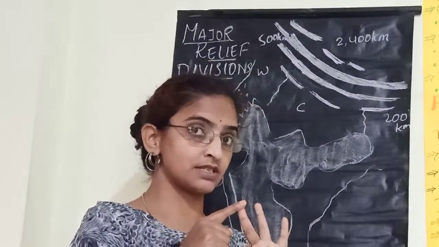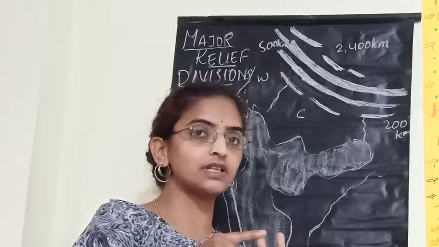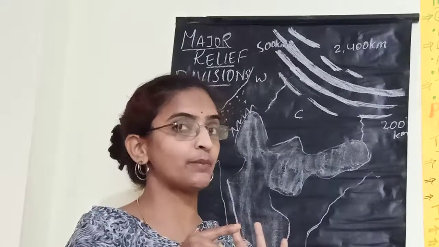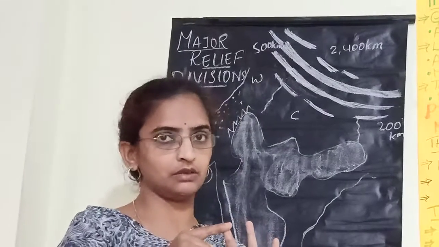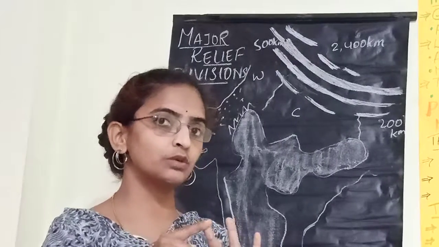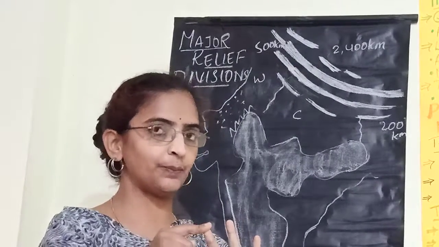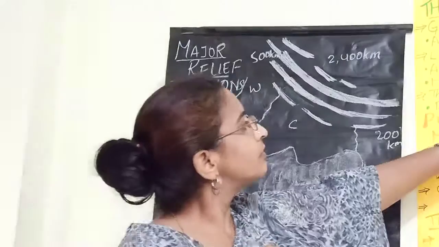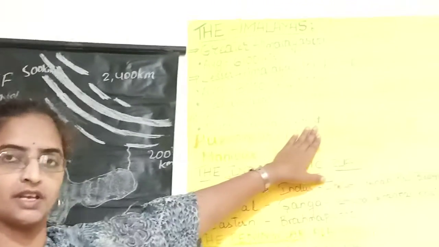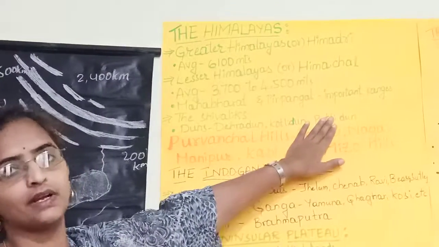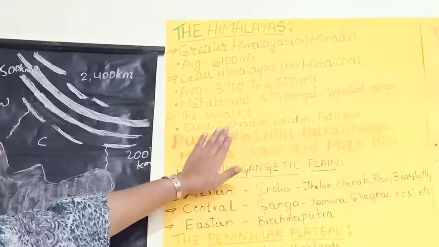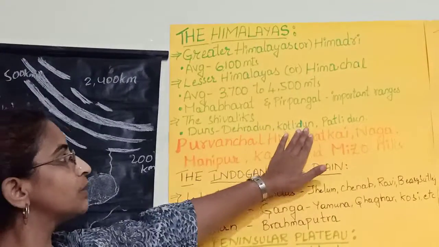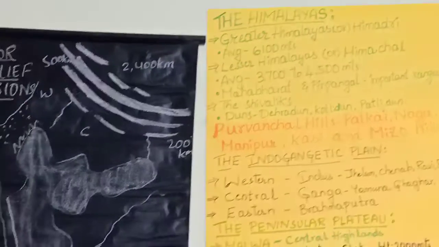Do you know the importance of Dehradun? Yes, Dehradun is the capital of Uttarakhand, so Dehradun is situated in Uttarakhand. Then Kotlidun, which is situated in Himachal Pradesh, and Patlidun. So in total we have 3 dunes: Dehradun, Kotlidun, and Patlidun.